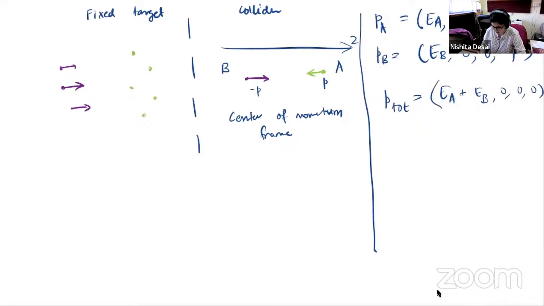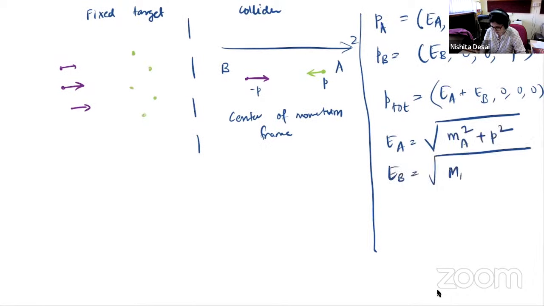So what does E_A look like? We know from our earlier calculations, with c equal to 1, that E_A is the square root of m_A squared plus p squared. E_B similarly is the square root of m_B squared plus p squared. Let's work in a regime where you are accelerating the particles enough so that they have momentum much larger than their mass.